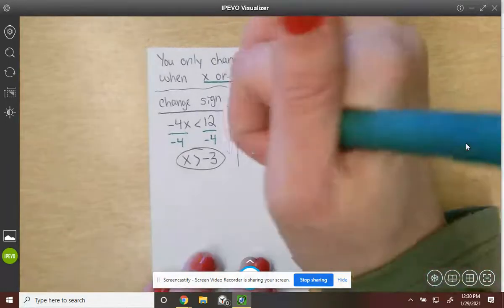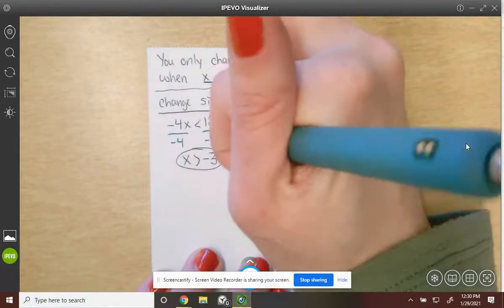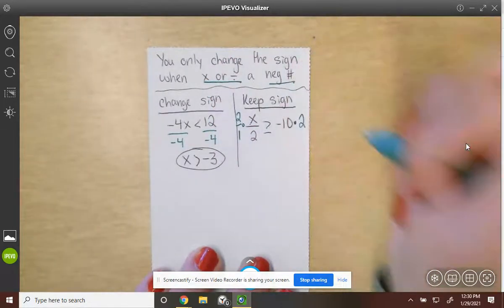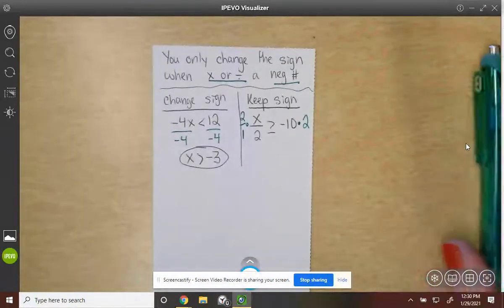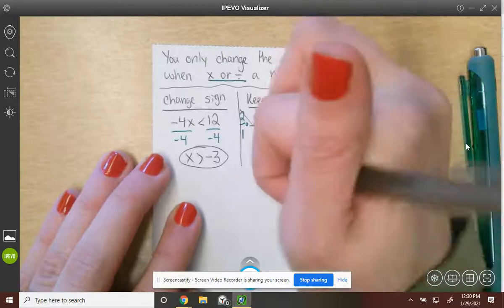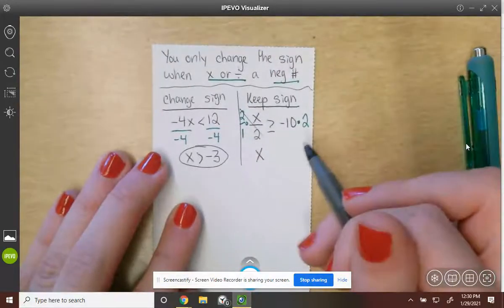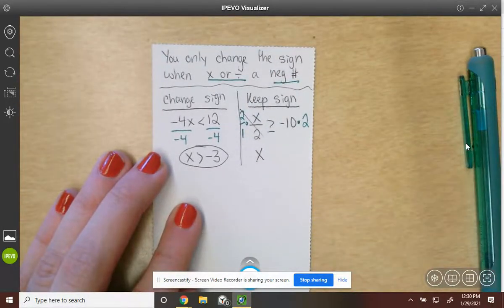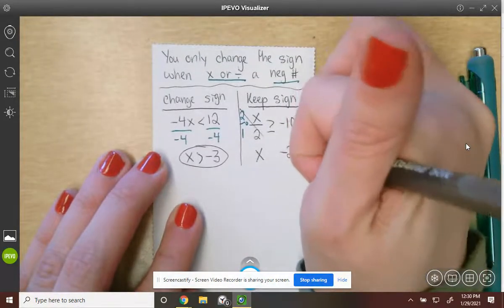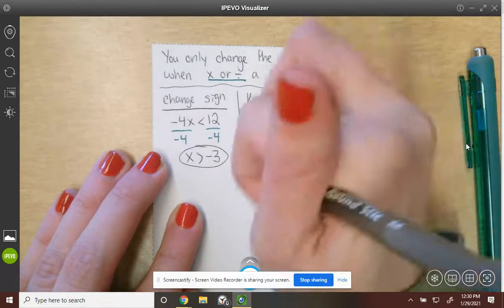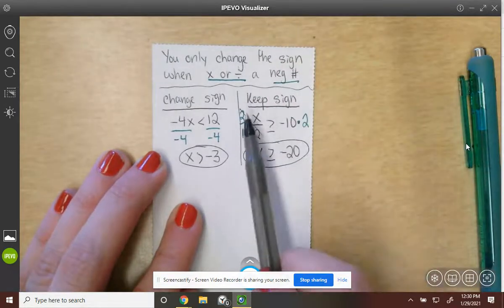Yep, multiply by 2. Multiply by 2. Okay, those go away, and I'm left with x on this side. What is negative 10 times 2? Yes.